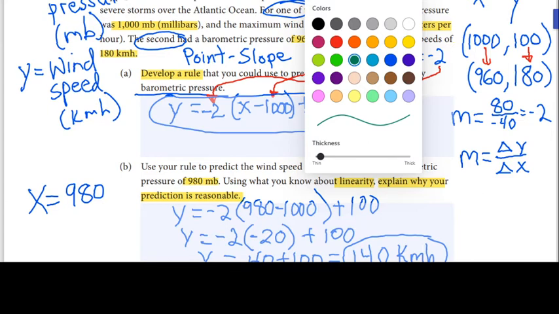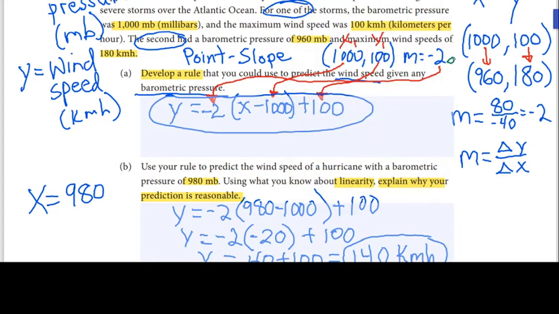My barometric pressure is 980. That falls right between 1000 and 960, right? And exactly halfway between, right? And if my wind speed is 140, doesn't that fall halfway between?